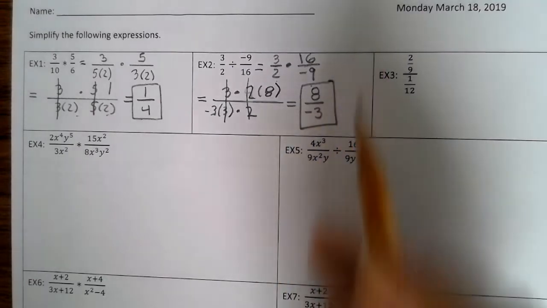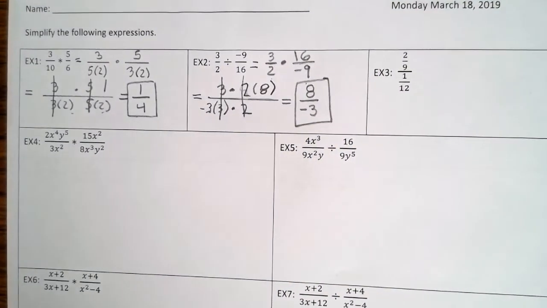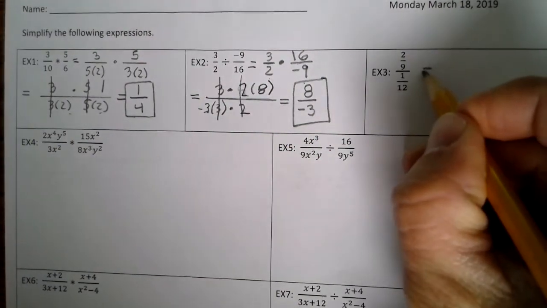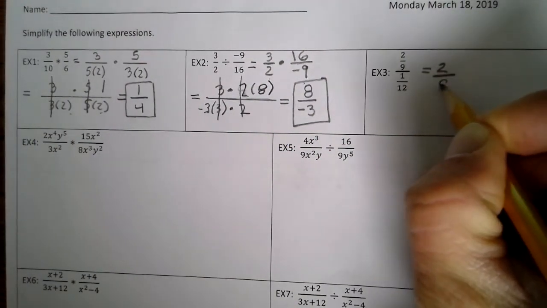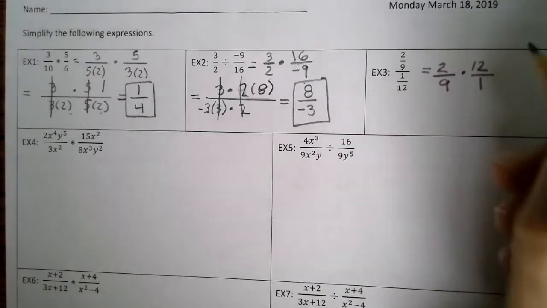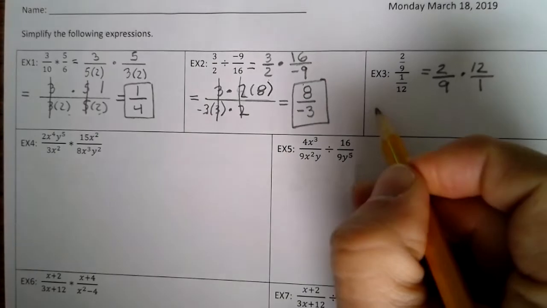Okay. Now, example 3. When you divide rational functions, the first step is you rewrite as multiplication by the reciprocal. So this is equal to 2 divided by 9 times 12 divided by 1. Now you want to factor the numerator and denominator.